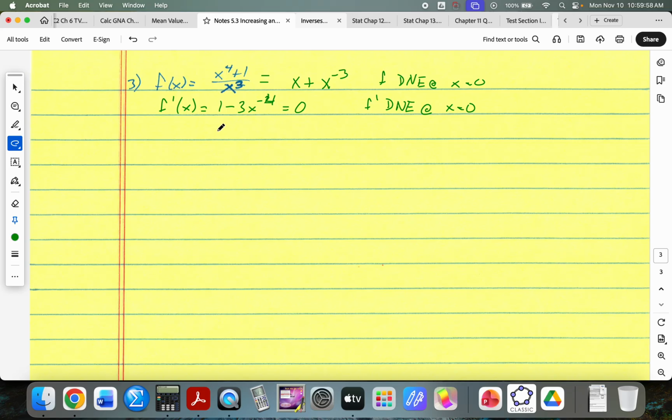All right, so this is going to be 3 over x to the 4th is equal to 1. So x to the 4th is 3. So x is the 4th root of 3. And it could be positive or negative, couldn't it?